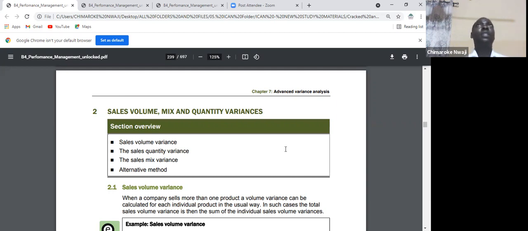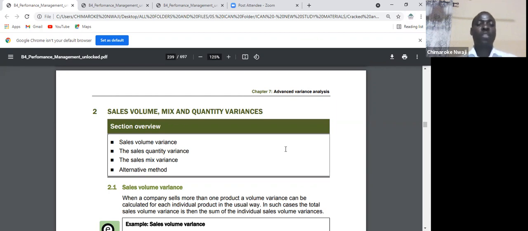You now do it by looking at the price variance, which has nothing to do with materials A, B, C. Then when it comes to usage variance, you look at the A, B, C quantities in mix and yield variance.